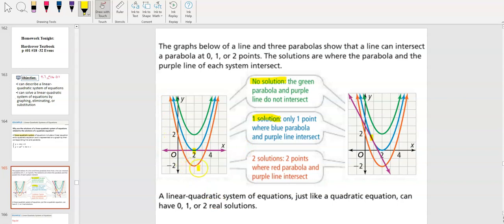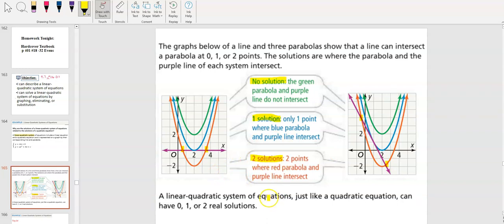And then the last one we're looking at is this red or kind of orangish colored parabola. So when the parabola is large enough and our linear equation is crossing through the parabola in 2 locations, whether it is directly across or diagonal, you have 2 solutions.